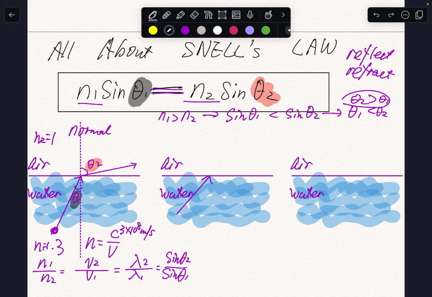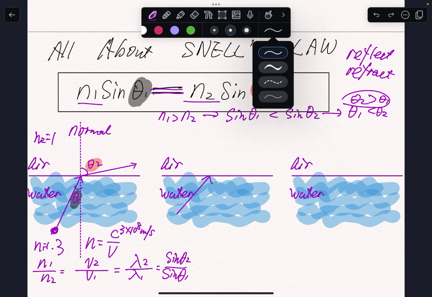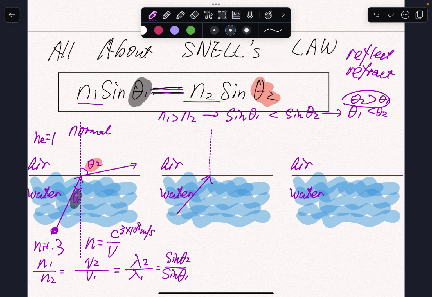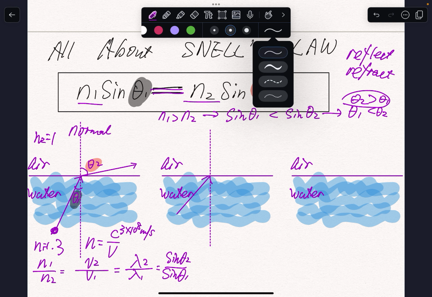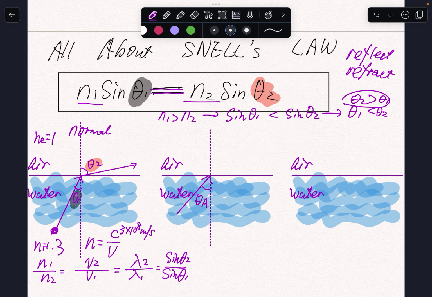Before I draw theta 1, let me draw the normal line again. The normal line is fairly important. So this is my new, let's say, theta A. I increased theta A to an extent that my theta B, my angle of refraction, gets to 90 degrees, and this is my line of refraction.